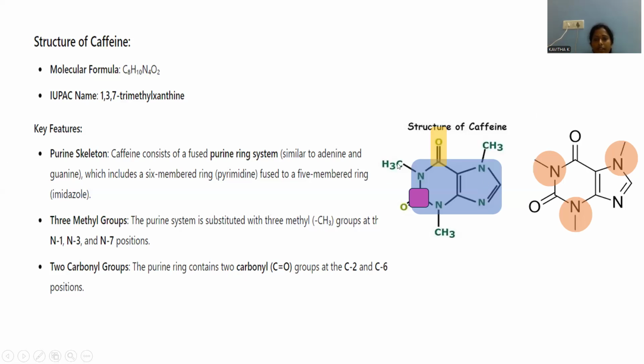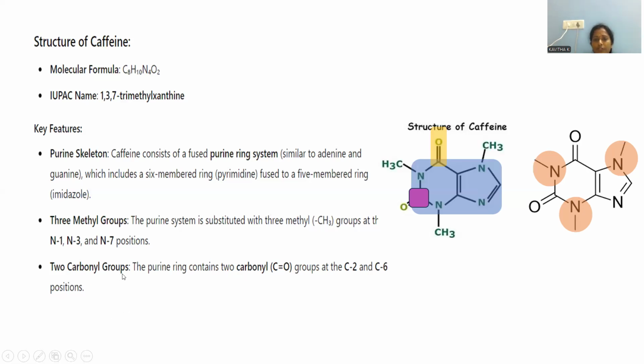And we can observe 3 methyl groups. Those 3 methyl groups are shown with the orange shade, and they are located on 3 nitrogen atoms at the N1, N3, and N7 positions. This is the way methyl groups are attached on this purine ring.